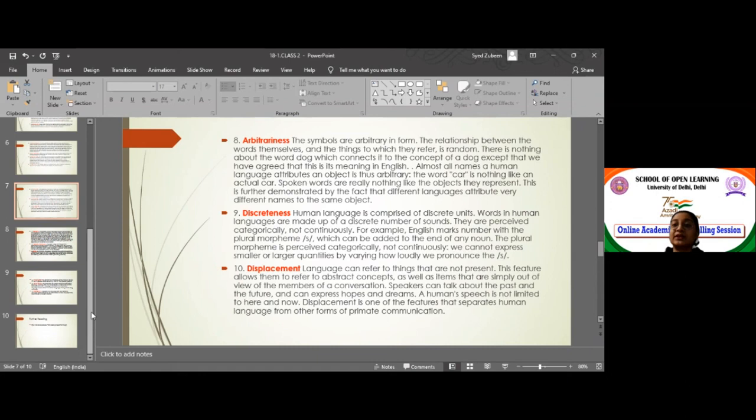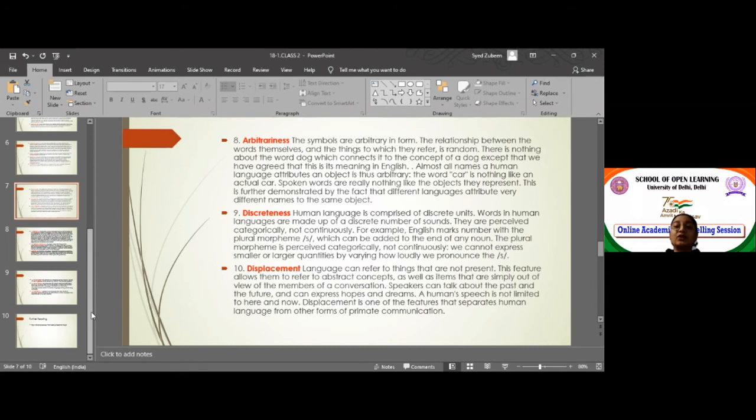The s that we use at the end, for example, relationship and relationships, boy and boys, means one is singular and the other is plural. So when we add that morpheme, we change the meaning. The plural morpheme is perceived categorically, not continuously.